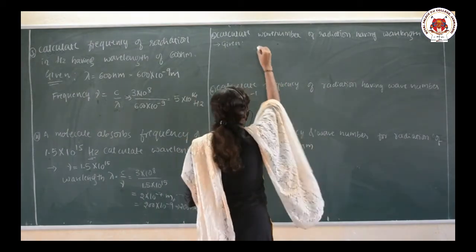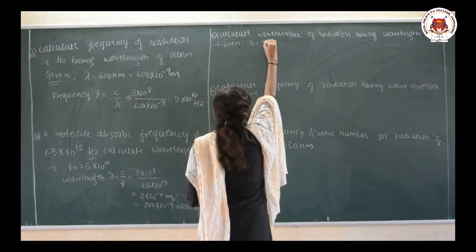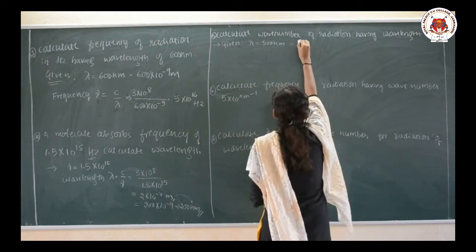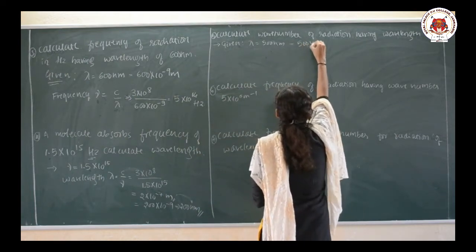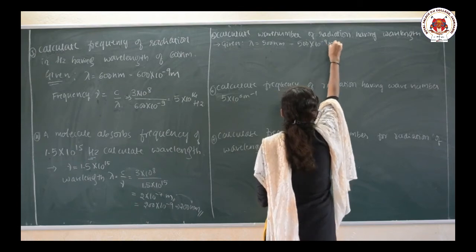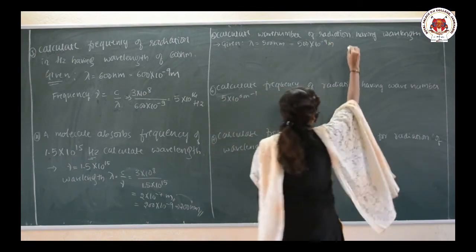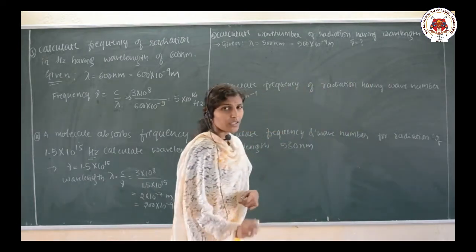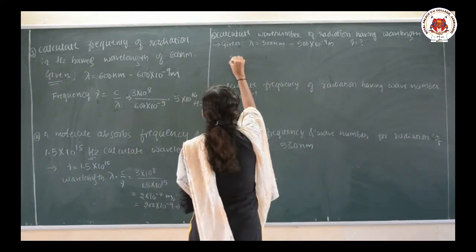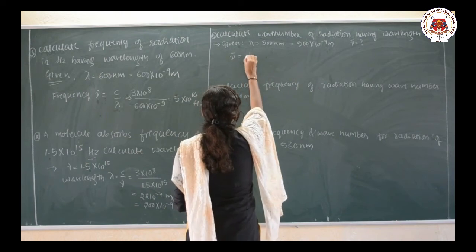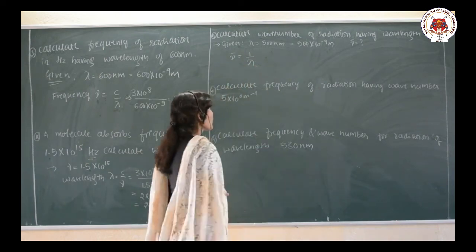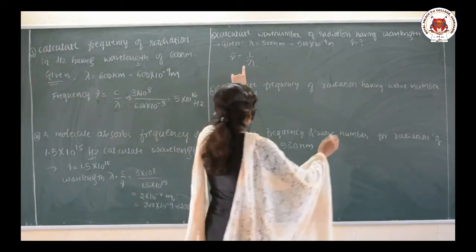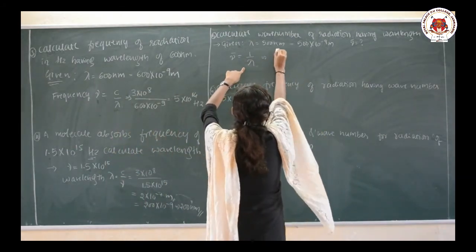Wavelength, that is lambda, 500 nanometer, which should be converted into meter, 500 into 10 to the power minus 9 meter, and we need to calculate the wave number. The wave number nu bar, you know, is the reciprocal of the wavelength. So, nu bar is equal to 1 by lambda.